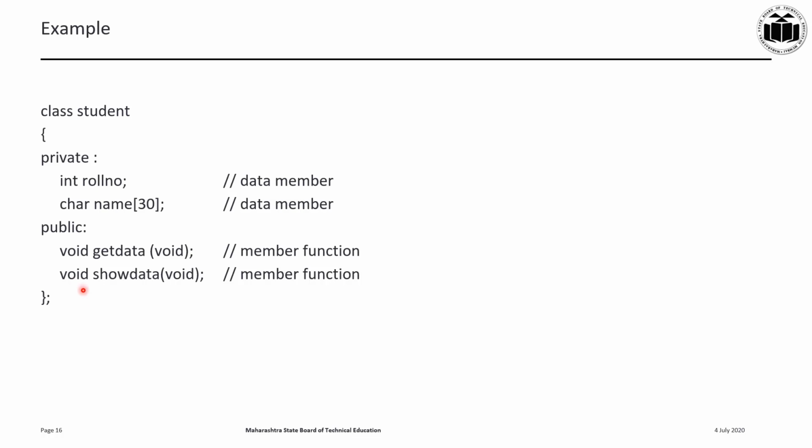Then again a void return type, show data is the member function name and void is the argument. And how will we know that the class gets terminated? With the help of the closing curly bracket, we come to know that the class gets terminated. Okay, thank you.